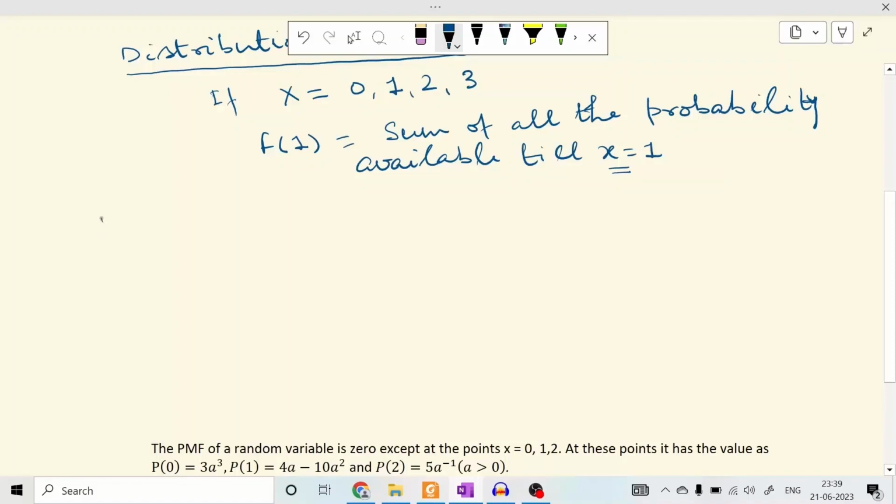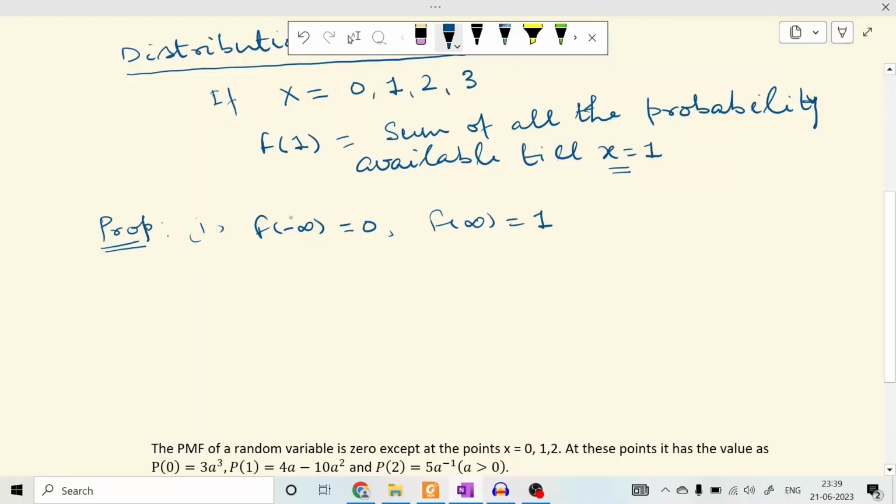Now, keeping this in mind, there are certain properties of this distribution function. The first one is that F of minus infinity is 0, while F of infinity is 1. Because it adds all the probability available till the point, minus infinity is the point from where we begin, so there is no probability available before that.